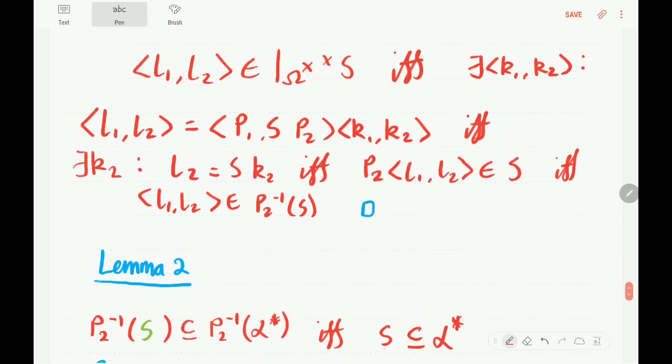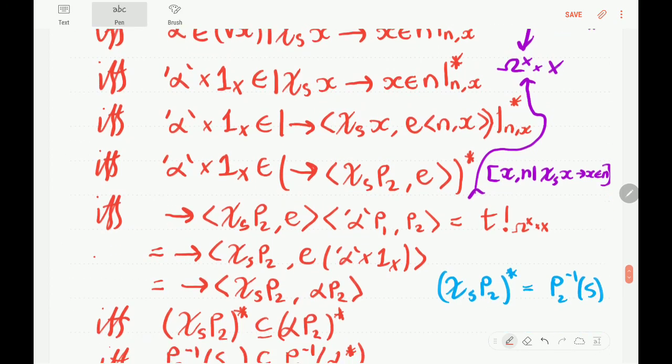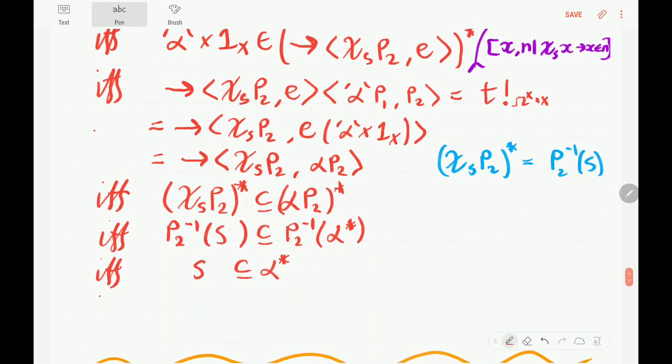So that proves lemma 2, and that proves the last line of this, and that's it. That's what we wanted to show.